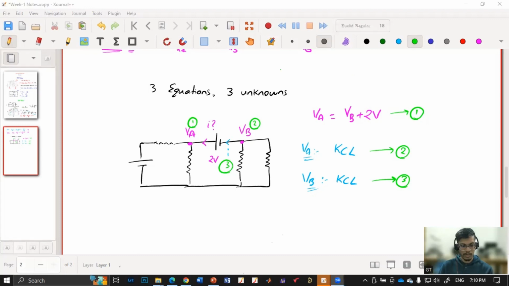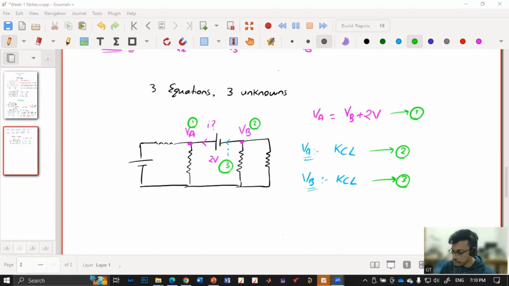V1 equal to V plus 2V. This circuit is given to us, and the circuit itself is saying that this battery voltage is 2 volt.